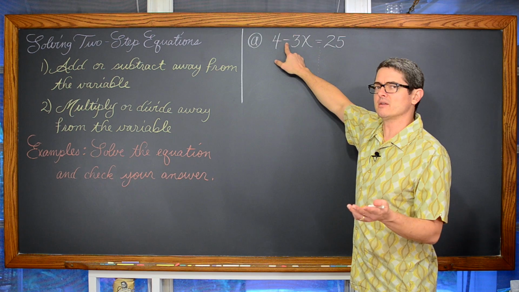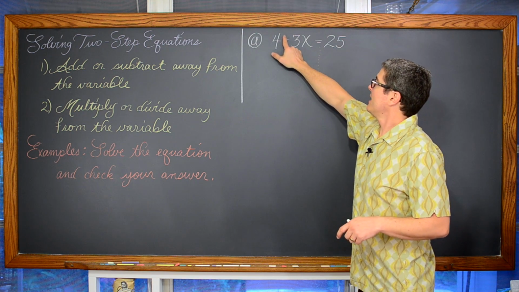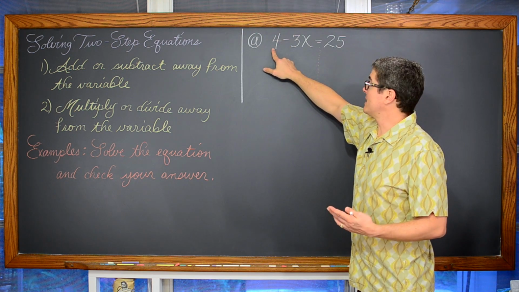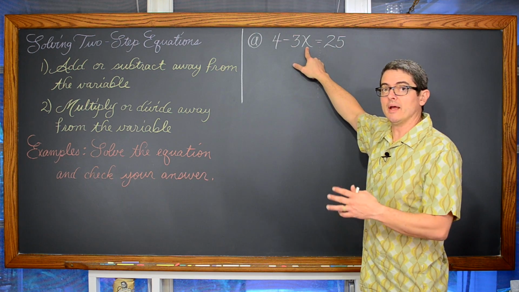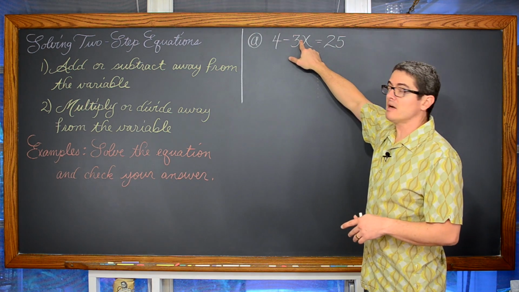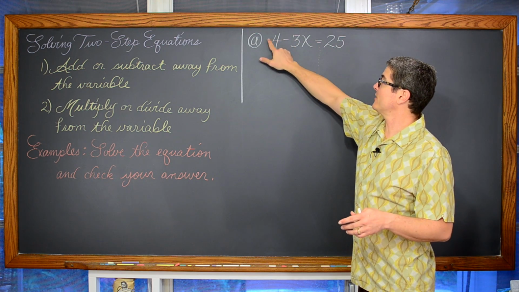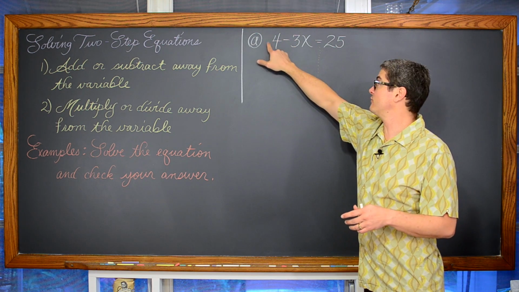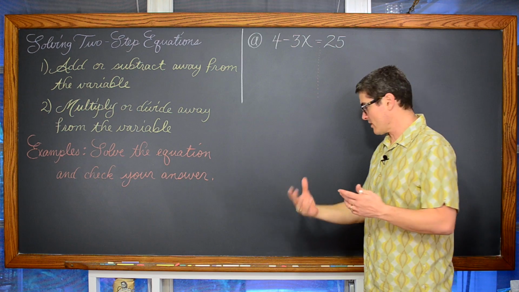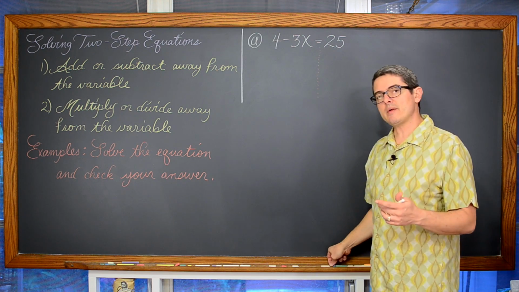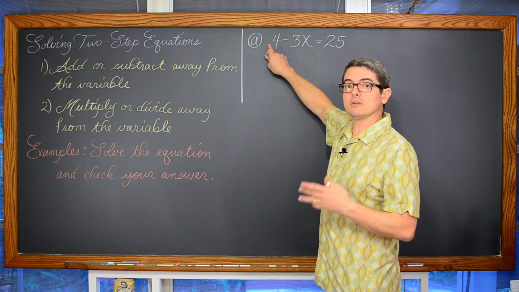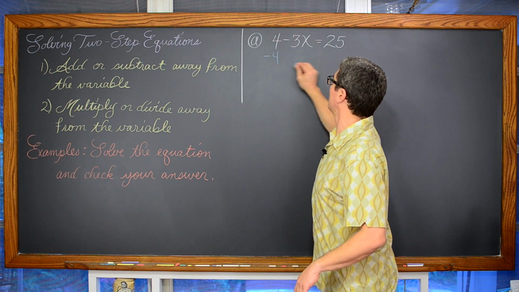Terms are separated by addition and subtraction. And that 4 is just off by itself. It's not touching in any way through just direct contact, which is multiplication, or fraction bar, which is division. It's just off by itself, and that's a positive 4. That's an addition of 4 that's with the x. So we're going to do the inverse math operation. The inverse of addition, an addition of 4, is subtraction of 4.